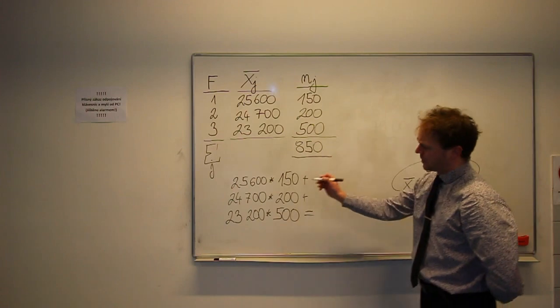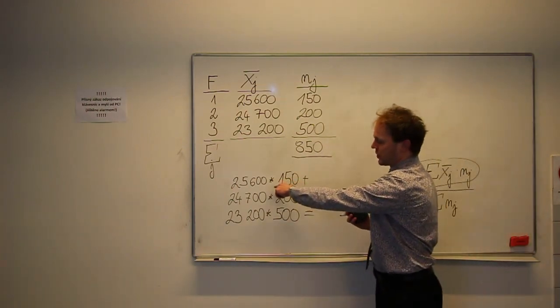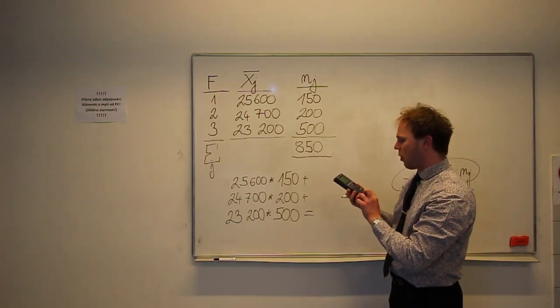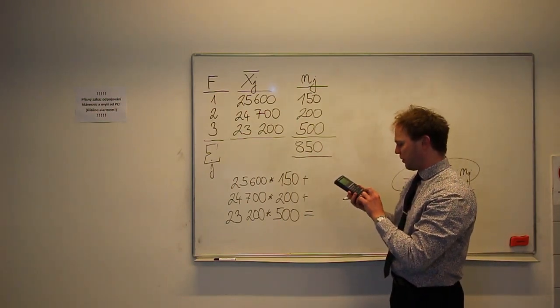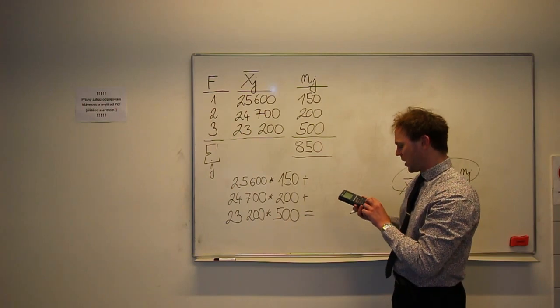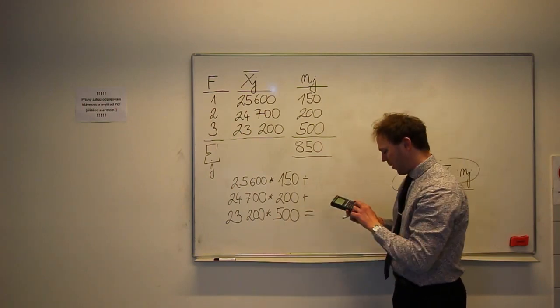Yes, this is the numerator. We know that multiplication has bigger priority than summation. So 25,600 times 150 plus 24,700 times 200 plus 23,200 times 500.